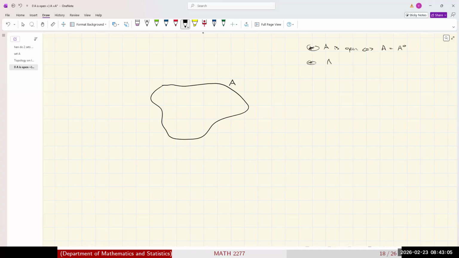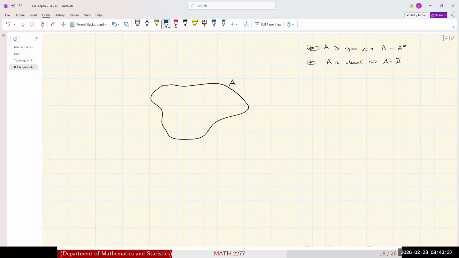Now we know that A is closed if and only if A is equal to its closure. So you see the closure and the interior are two analogs of these different concepts, open and closed. When we talk about open sets, we look at the interior. When we are dealing with closed sets, we look at the closure.